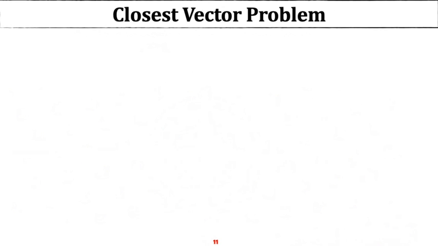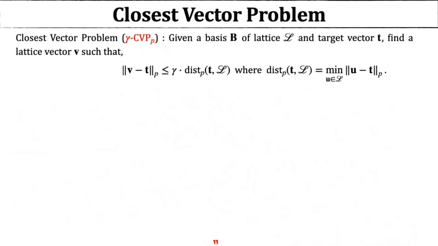And the second problem is the closest vector problem. Given a basis of the lattice and the target vector T, the problem is to find a lattice vector such that the distance in the LP norm between the vector and the target vector T is at most gamma times the minimum distance between T and L in the LP norm.